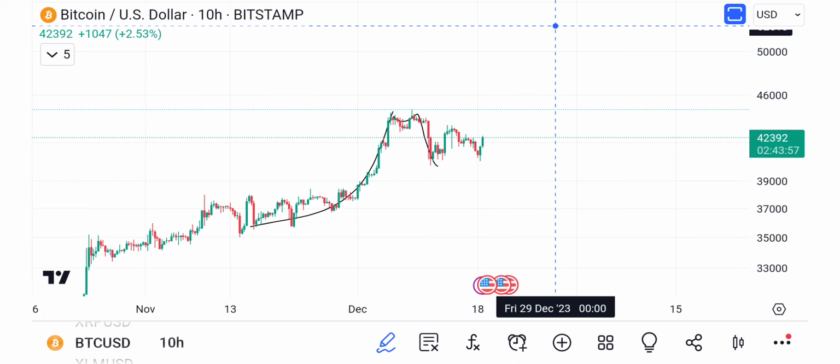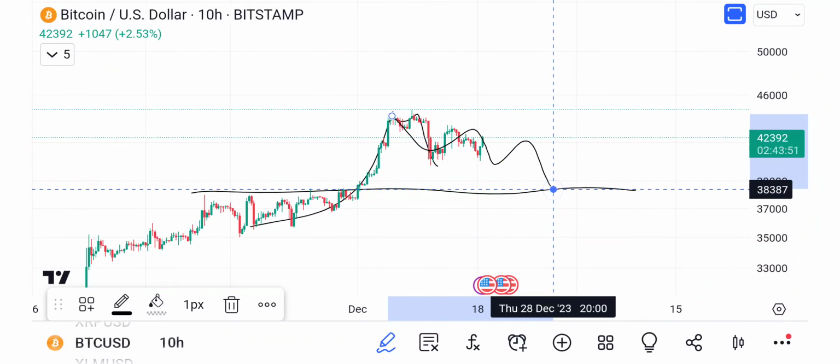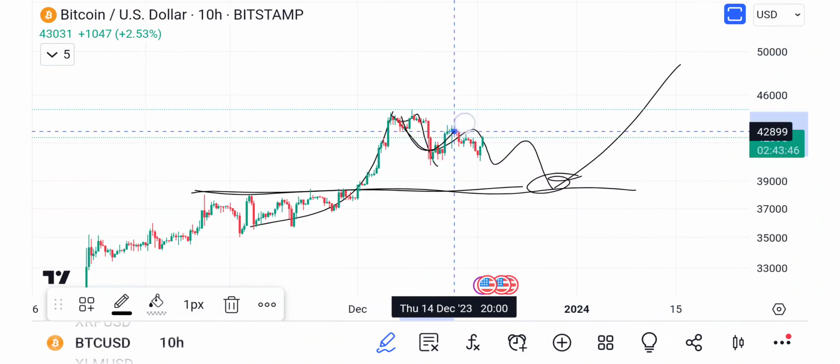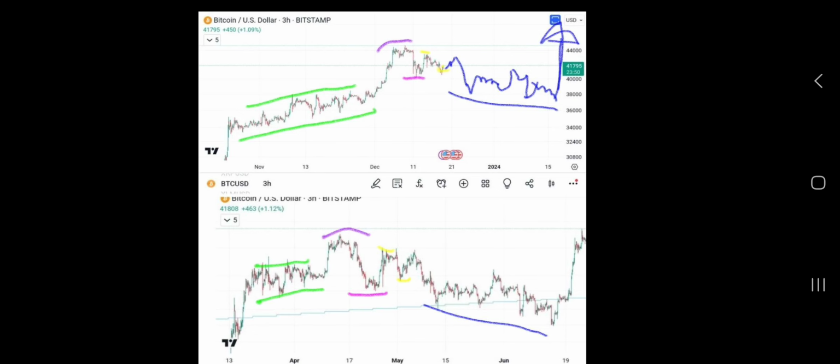Or the fractal I shared in the beginning of the video, or some type of 3-wave move that gets us down into here to backtest, or obviously that WXY that I just showed. So if I had to pick one, it's kind of hard to say, because when I look at this fractal here, it's pretty good, and it makes me think that we could do that WXY structure, right?